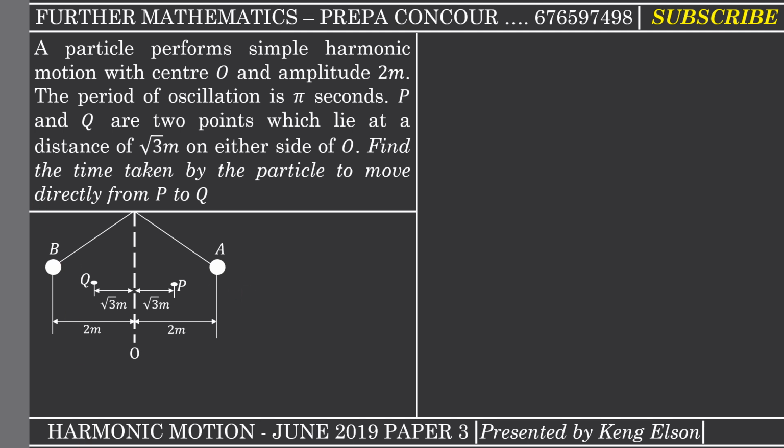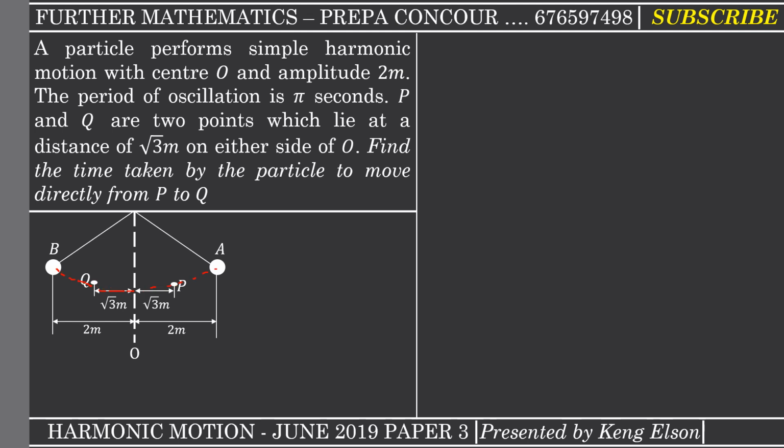So the particle is performing simple harmonic motion between A and B, and then we need to find the time taken for the particle to move from P directly to Q.